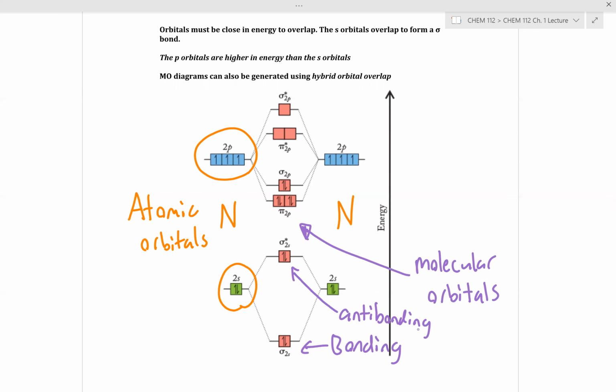Now, based on the number of electrons in our bonding versus anti-bonding orbitals, that tells us about the nature of the bond between these two atoms that we've drawn. Does that overview make sense to everyone? Let's talk next about how we interpret these diagrams. So this is what these diagrams are showcasing. How do we actually interpret them?